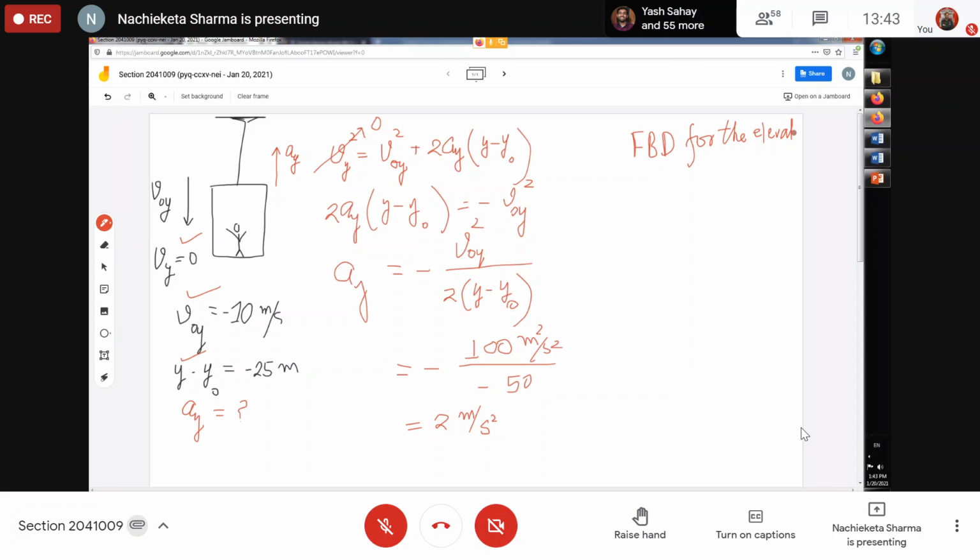Okay. So I will reduce the elevator to a point. The elevator is reduced to a point. I'll draw my x-axis. I'll draw my y-axis.